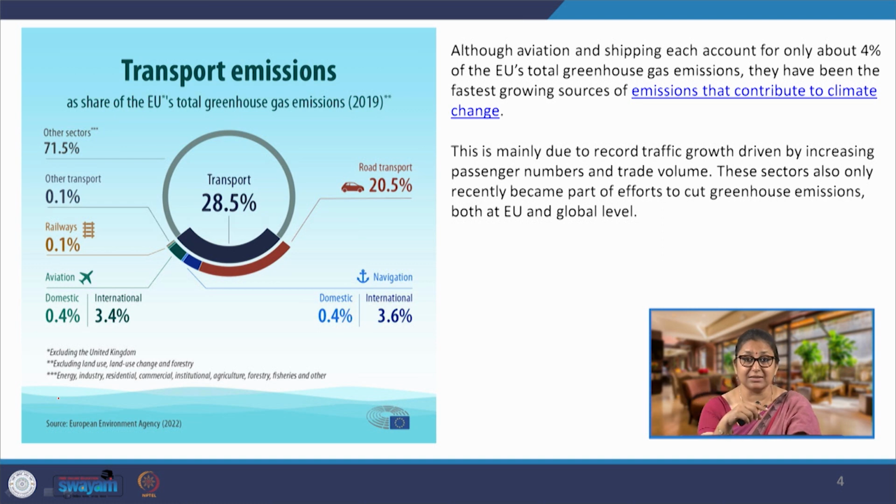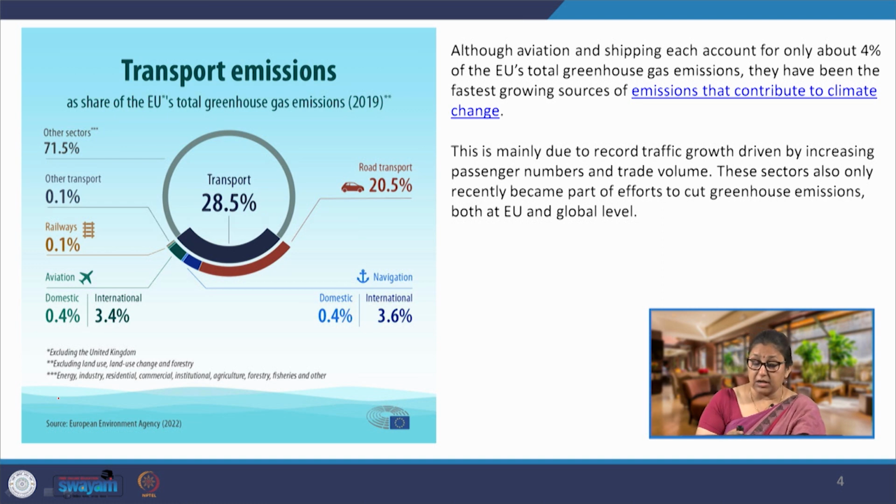For the remaining ones, aviation contributes close to 4% of the total emissions. So, we are talking about 4% out of the 28.5%, which is again a significant contributor. So, we are going to look at this aviation sector in detail, and within that we are going to look at only airports.